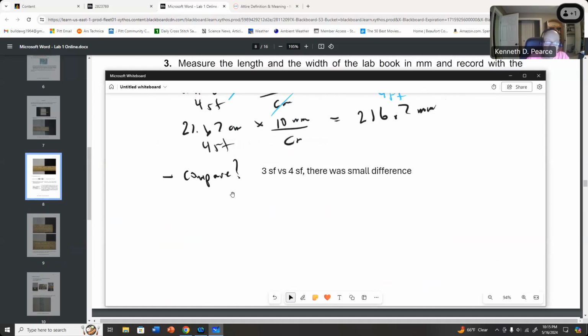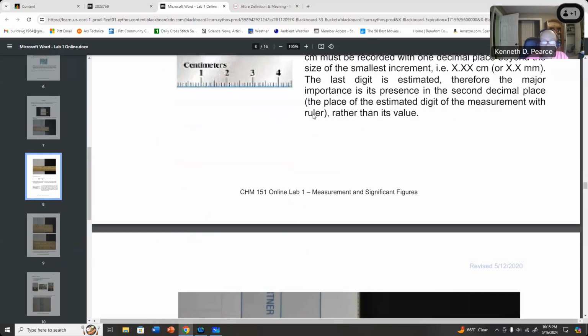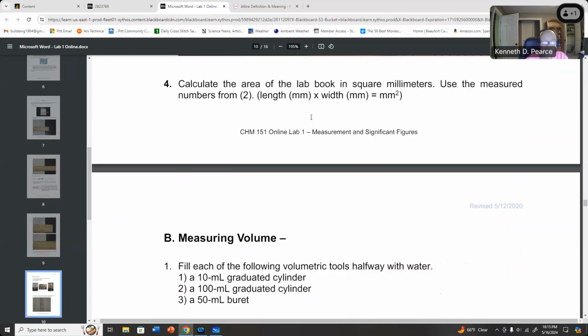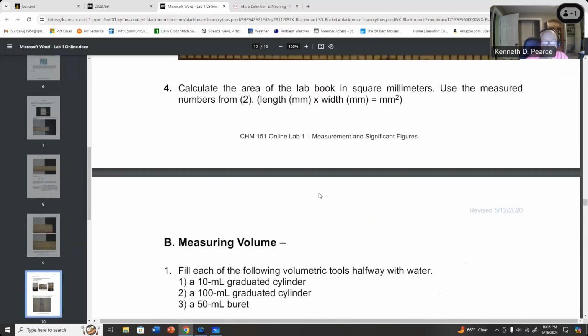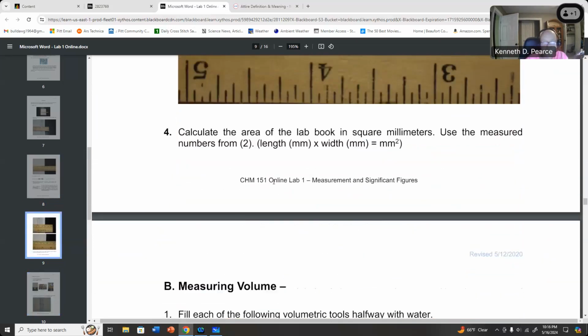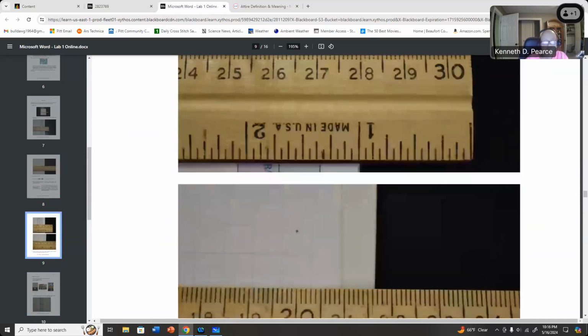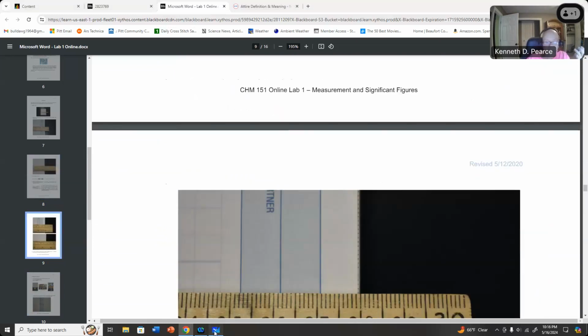And then finally, we need the area. And if we read the instructions, and sometimes they don't make a lot of sense, we have number 4, calculate the area in the lab book. So all we're doing is taking the square millimeters from 2. That would be where we converted inches to millimeters. And how do we get the area?